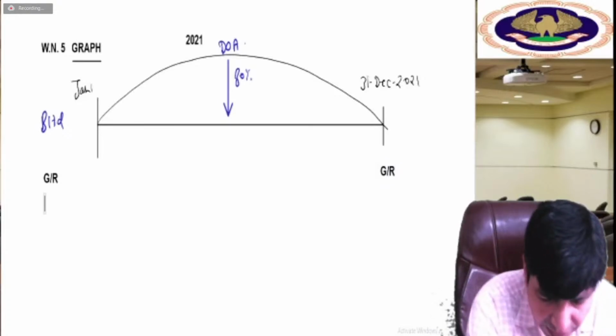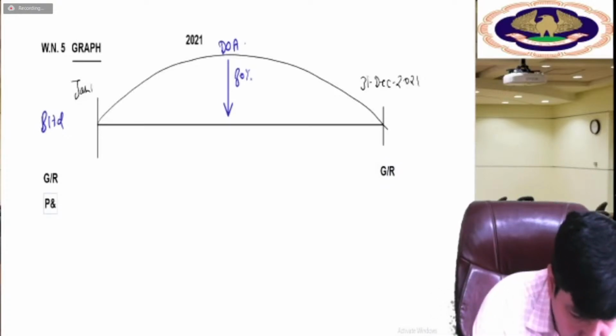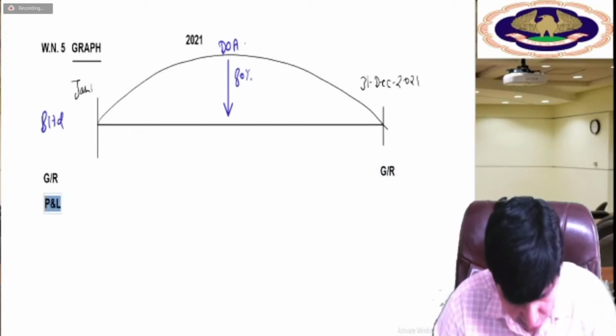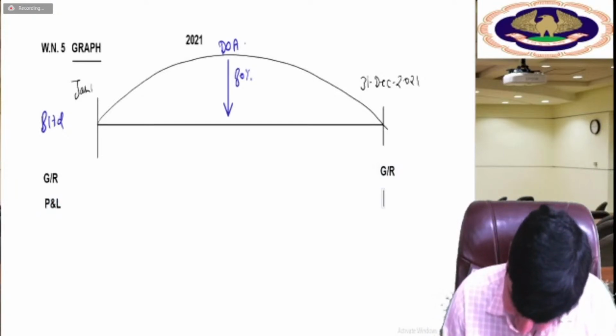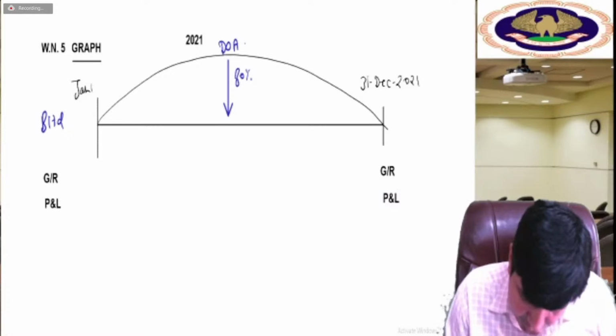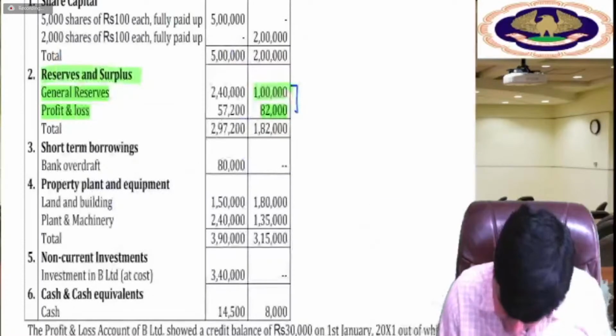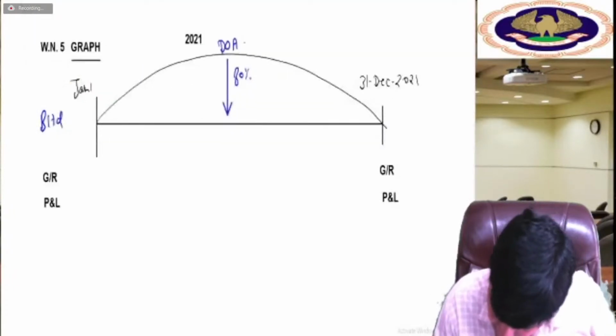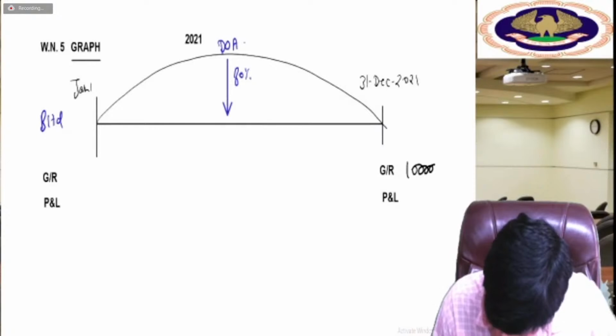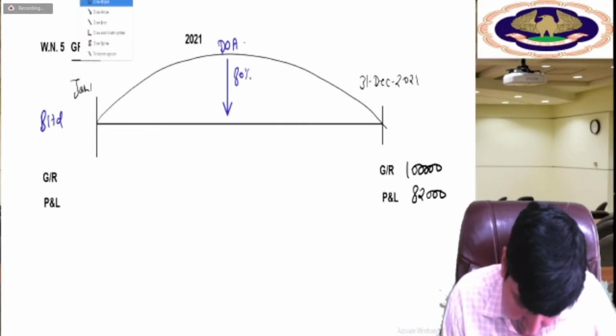We are also having profit and loss. So both of the balances are there. We are working in the balance sheet, finding the closing balances as on 31st December. Those are 1 lakh and 82,000.